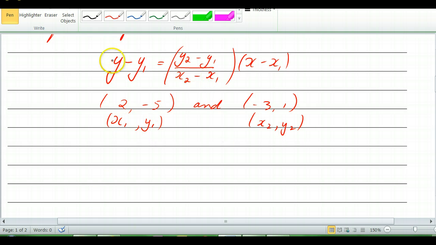Substituting these values into the rule above, which tells us how to find the line, we get y minus y1, which is negative 5, equals y2, 1, take y1, which is negative 5, over x2, which is negative 3, take x1, which is 2, times x minus x1, and x1 is 2.